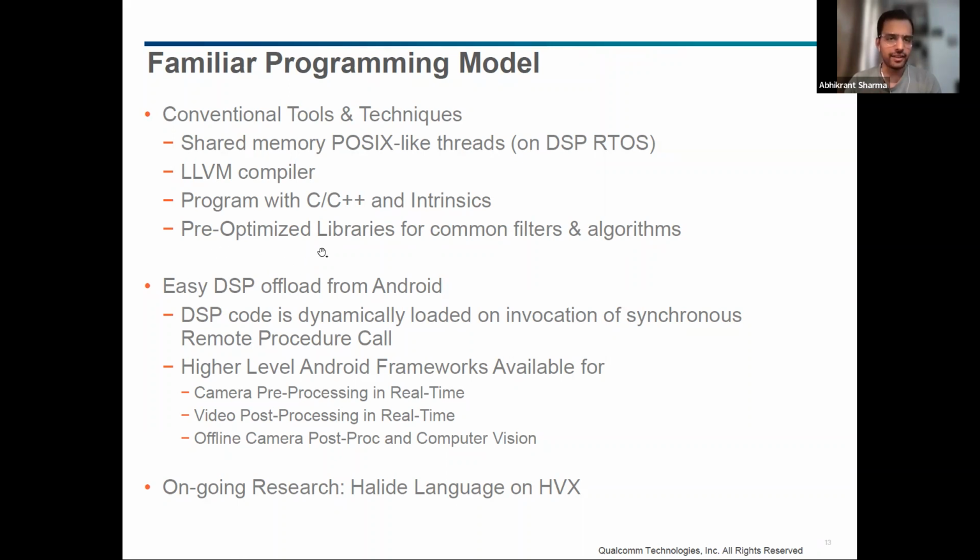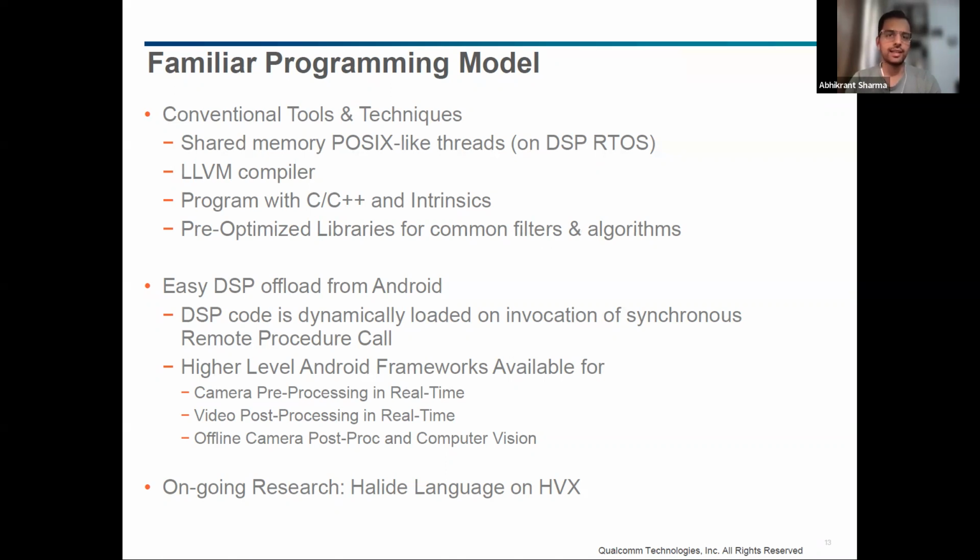So this is a very interesting thing. We have some pre-optimized mathematical libraries and pre-optimized computer vision libraries, which contain the most commonly used filters and algorithms. These optimized libraries are hand-coded assembly libraries developed by engineers at Qualcomm, and they are provided to end application developers so that they can easily use them to develop larger applications.